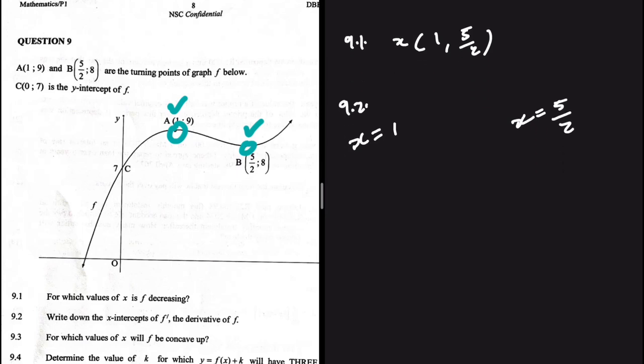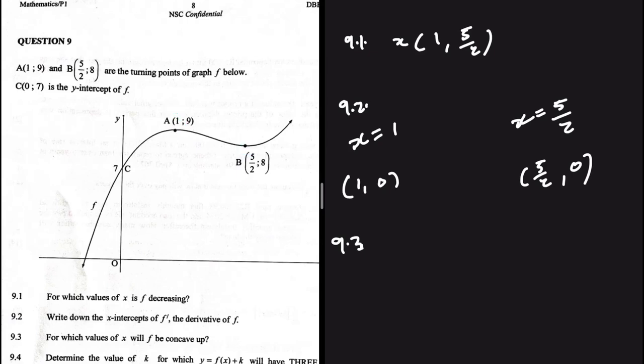So the coordinates of the x-intercepts are x is equal to 1, y is 0, and x is equal to 5/2, and y is 0, right? So that is how it works. The stationary points of the cubic function will give you the intercepts of the derivative, which is the quadratic function. So that is 9.2.